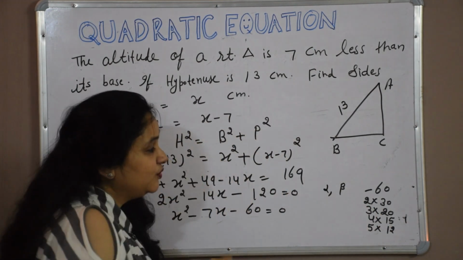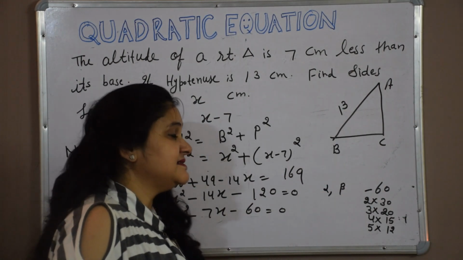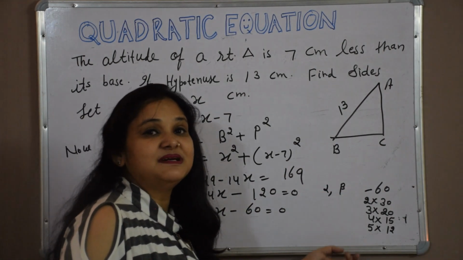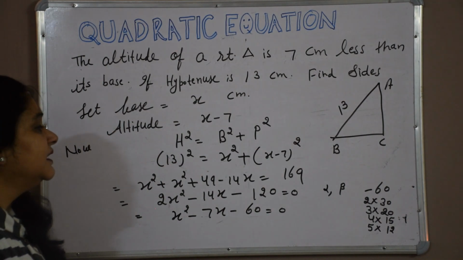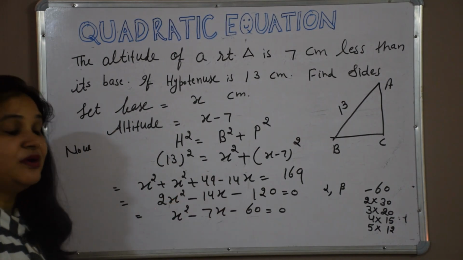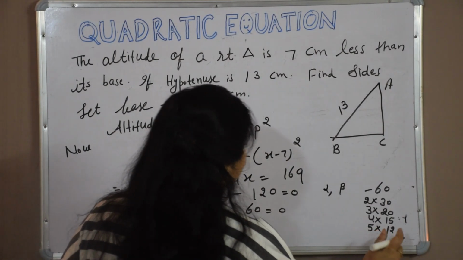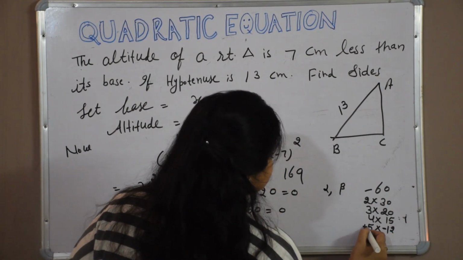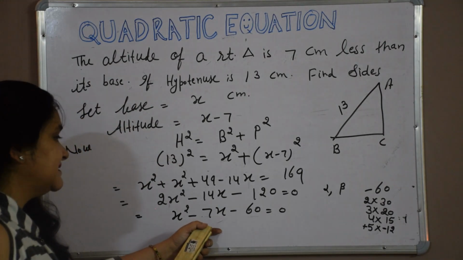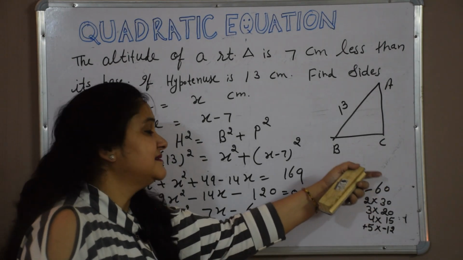So later on you can guess very easily. It is just a practice of numbers, and slowly you will come to directly find the alpha beta very easily. So here we can see, if we consider this minus 12, this is plus 5, we can get minus 7, and their product is minus 60.